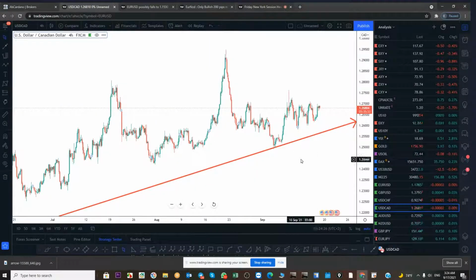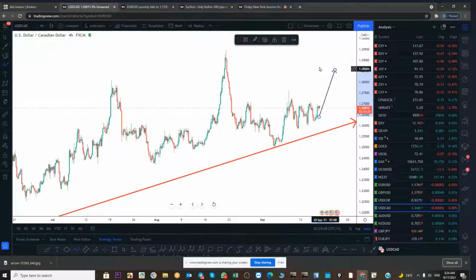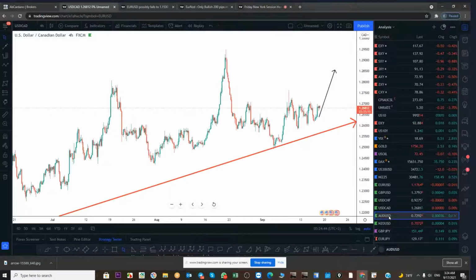So basically we can see another up move right there, up to 1.2680, so 1.2850 around this area. So this is the second move we are looking at.